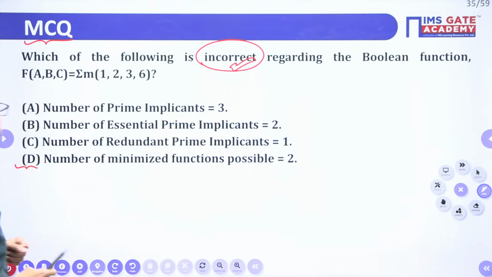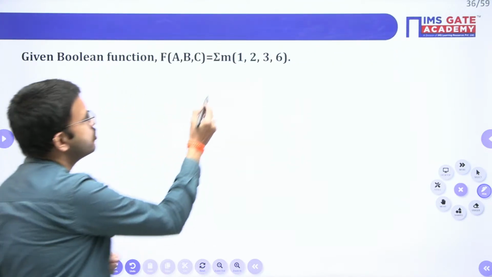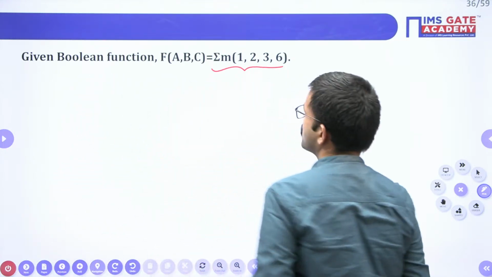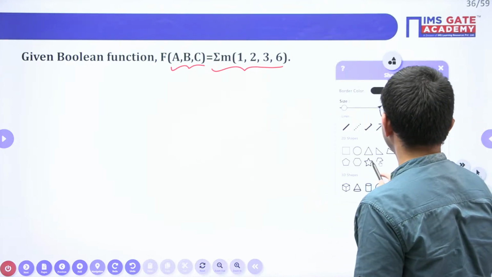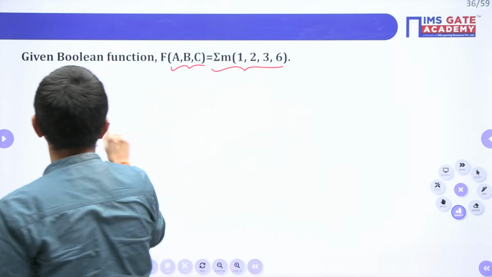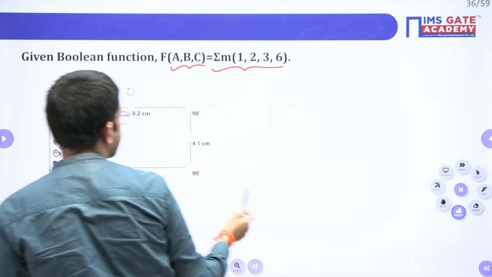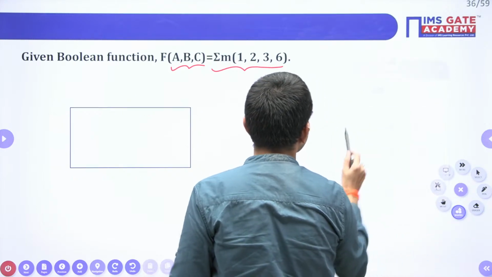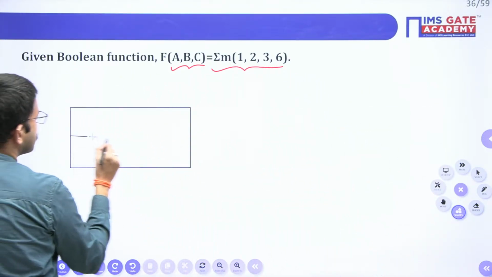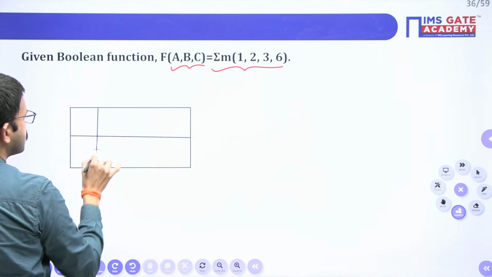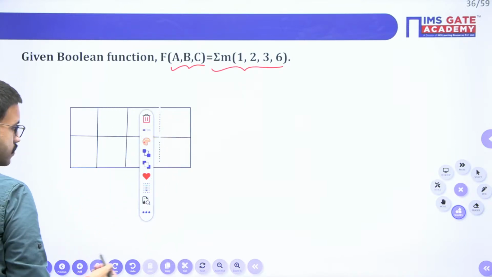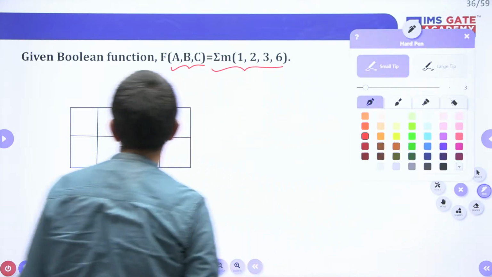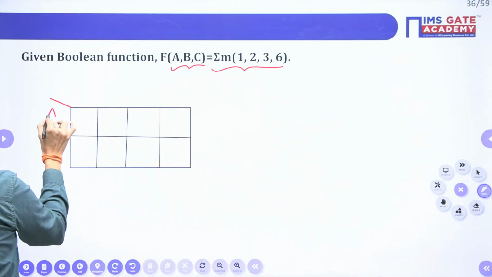Okay. Right. So they have given one Boolean function f of ABC equal to sigma m 1, 2, 3, 6. Since it is a 3 variable function, you have to draw the 3 variable K-map. Now here variables are ABC.